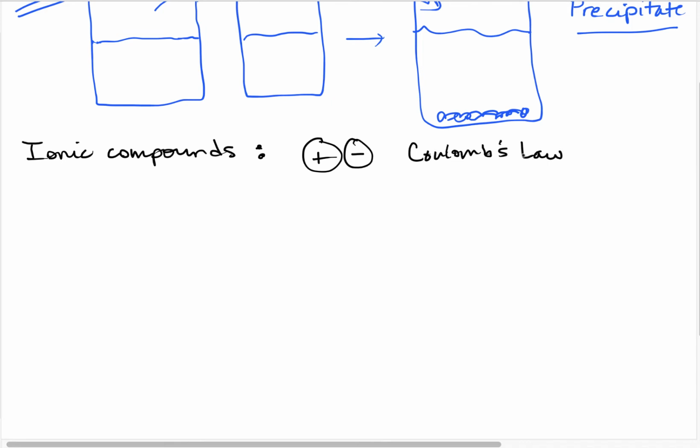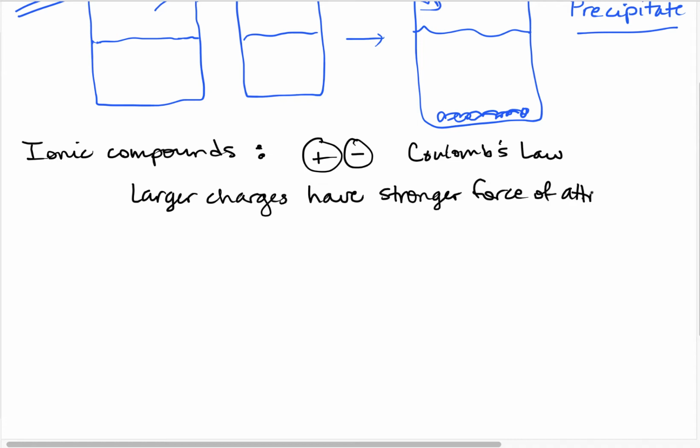And you don't need to remember the exact details of the law, but what the law says is that larger charges have a stronger force of attraction. So that means if you have, like +2, -2, this is going to be a stronger charge combination versus +1, -1. And same with like +3, -3.